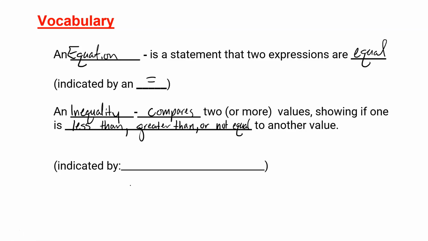And this is indicated by less than or equal to, greater than or equal to, or the not equal to symbol. We're going to focus mostly on these four, but you will see this not equal to pop up sometimes, so it's important to include that.